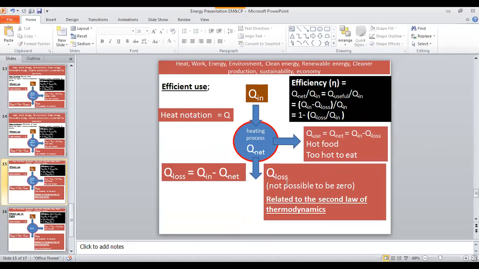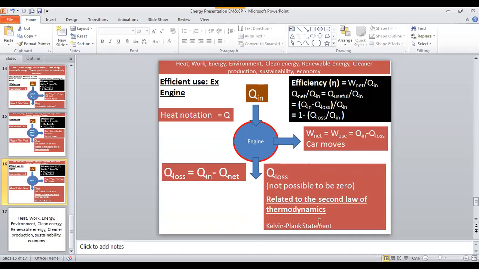Okay, so Q loss is not possible to be zero. Yeah, that's right. So even in an engine it is the same. It is not possible to use the energy completely to produce work. In car engines, there should be losses.